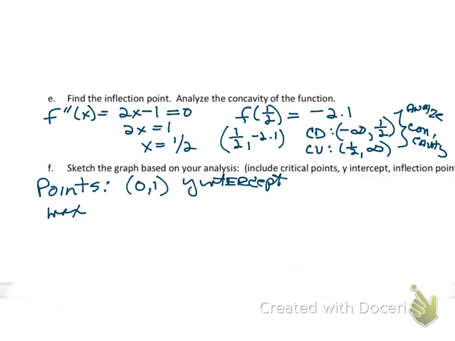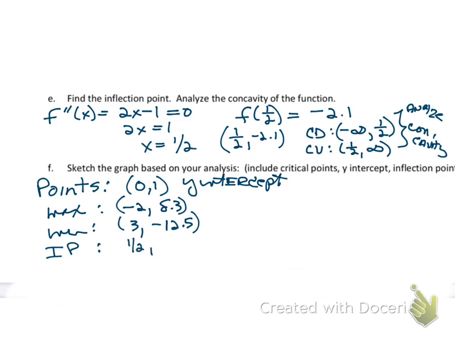So my max is at negative 2, comma, 8.3. That's going to be a landmark. I have a min, and my min is at 3, comma, negative 12.5. And I just found my inflection point. And that inflection point is at 1/2, comma, negative 2.1.